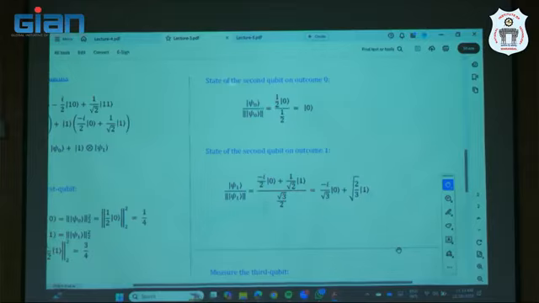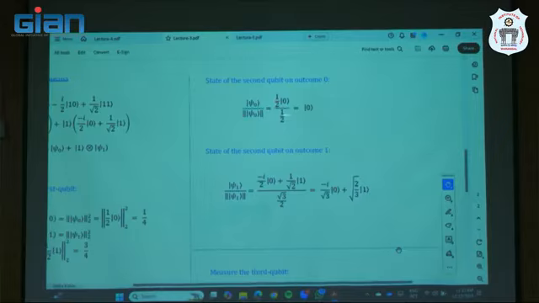If we get outcome 0 on the first qubit, the state on the second qubit would be psi 0, remember psi 0 was here, but it will be normalized. Because you have got outcome 0 on the first qubit, the state on the second qubit must be a valid quantum state, and any valid quantum state must have norm 1. So all we have to do is take psi 0 and normalize it by its norm.